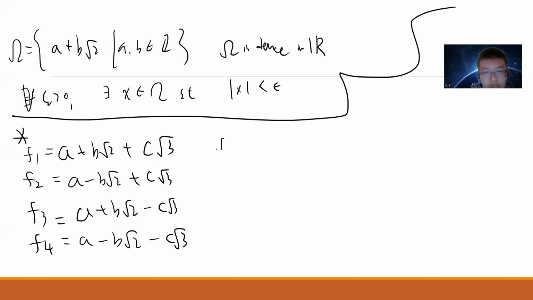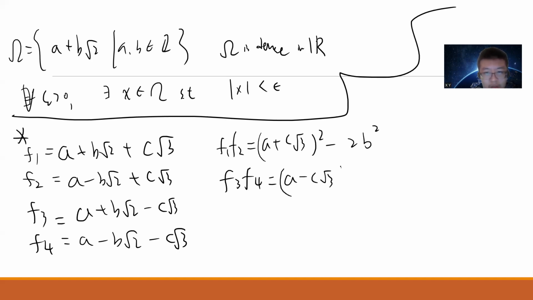Let's see what f1 times f2 is. It will be (a + c square root 3) squared minus 2b squared. And f3 times f4 will be (a - c square root 3) squared minus 2b squared.